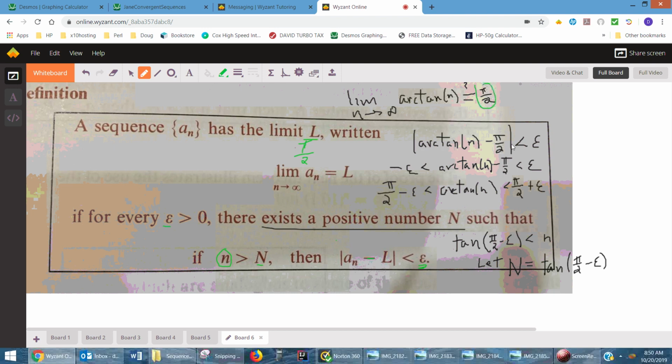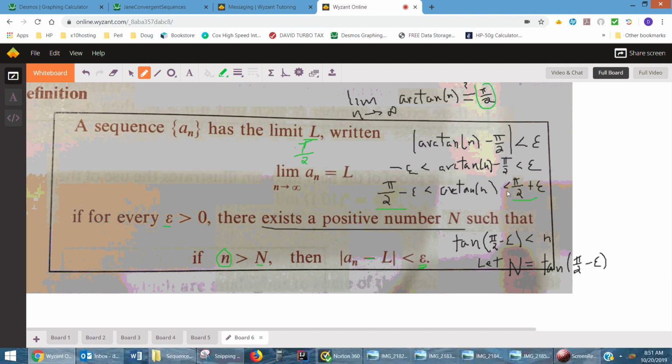So if the absolute value of this is less than epsilon, and epsilon is a positive number, that means arctan of n minus pi over 2 has to be between negative epsilon and positive epsilon. And then if I add the pi over 2 to both sides, arctan of n has to be between these two values right here. If I take the tangent of all three parts, I'll get the tangent of pi over 2 minus epsilon is less than the tangent of the angle that has a tangent of n.